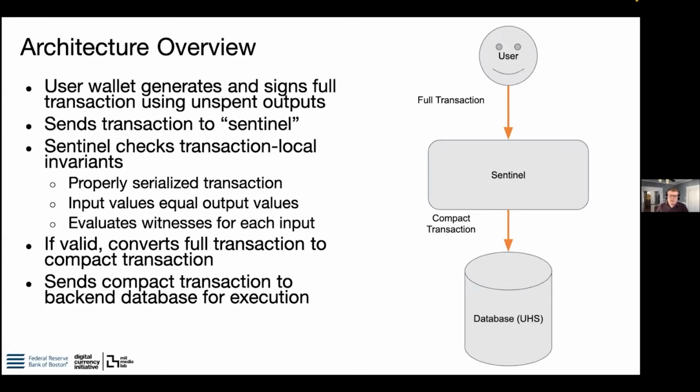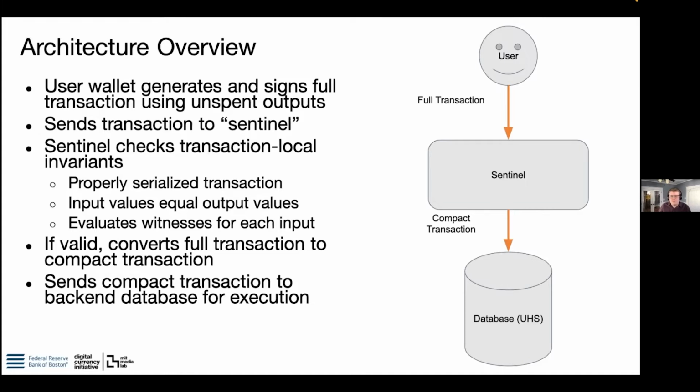And so the sentinel's job is to check all the transaction local invariants of the transaction. So particularly that the transaction is well formed, it deserializes into a data structure that makes sense. The input values equal the output values, and it also evaluates the witness program for each of the inputs to make sure that each input that's being claimed to exist would be a valid spend with the given witness data.